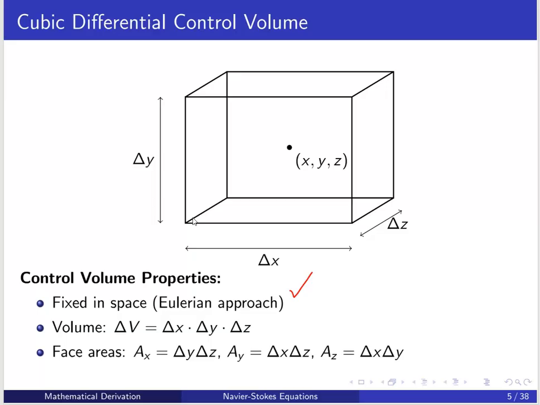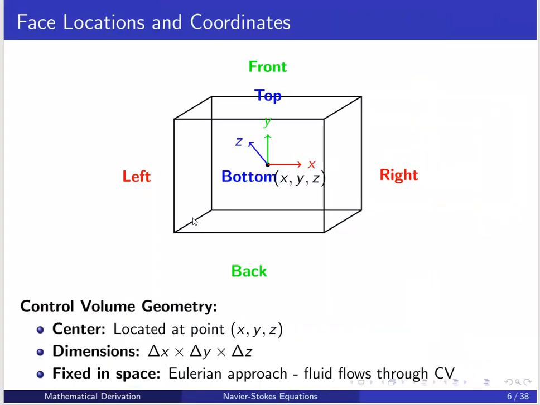So the volume of the control volume is del x into del y into del z, and here are the face areas. Ax is the area del z into del y. Similarly Ay is del x into del z, and Az is del x into del y.